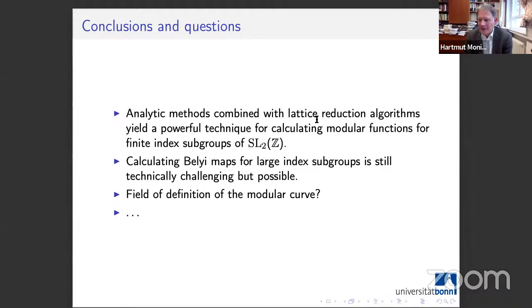And the tricky part is when you go to a very large index, then it turns out that the zeros of the modular curve are so close that you need very high accuracy, even for that starting point. What I then was using was basically the expansion at the different cusps, and exactly this method of overlapping domains.